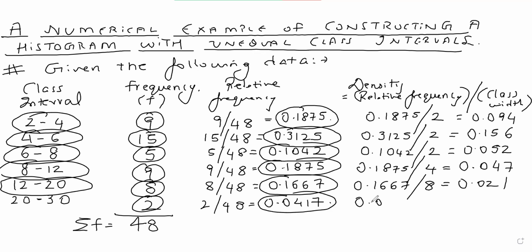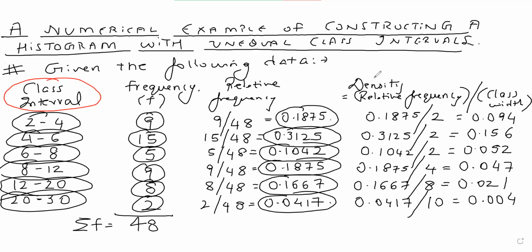And 0.0417 divided by 30 minus 20, which is 10, comes out as 0.004. These are my densities. Now, guys, what is my job? I now have to plot the class intervals along with the densities. That is going to give me the histogram.